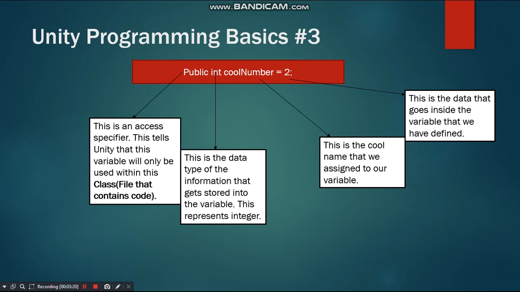So this is what Unity looks at and says, all right, this will be a whole number, or this will be a decimal, or this will be a true or false statement. It gets stored into a variable, and int represents integer. Cool number is just the cool name for our variable that I decided that we need. It'll help you look at it. And 2 is obviously the data that we're putting inside the variable of cool number.